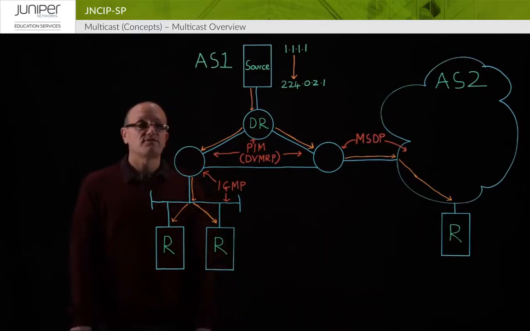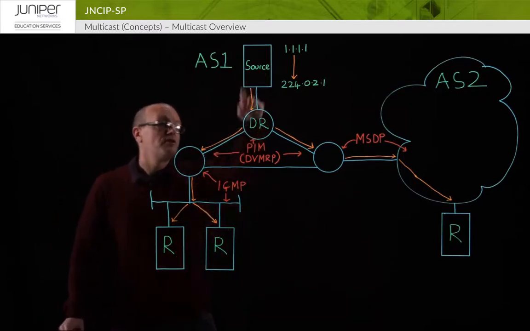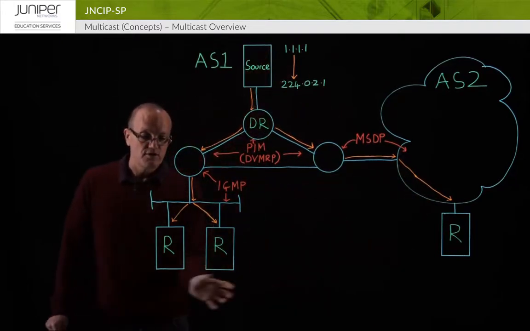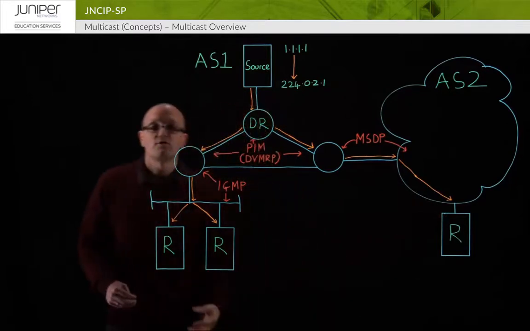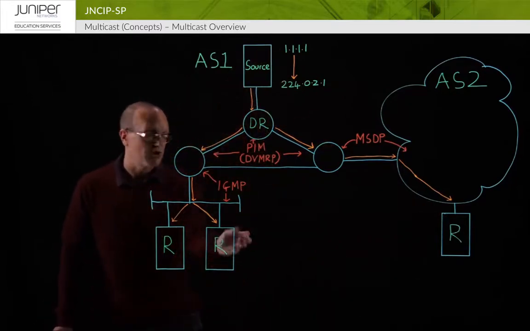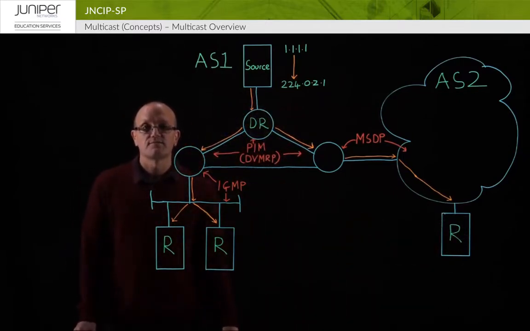And the end result is that we build this forwarding tree. The forwarding tree on this diagram is illustrated in orange, routing from the source to the receivers. So we have traffic going from one source to multiple destinations, multiple different receivers.